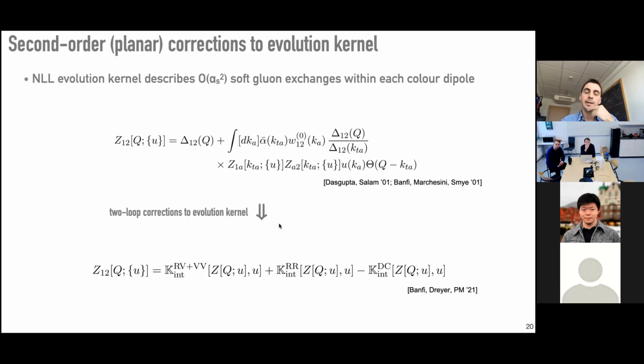Okay, and if we start from the 1-loop evolution equation, the BMS equation that I introduced before, this is already rather complex, but if you compute the 2-loop corrections to this quantity, you end up with a way more complicated integral equation. And this is what we obtained earlier last year. I won't show you the terms here. I'll leave them for the backup. And of course, I'm happy to discuss the details.